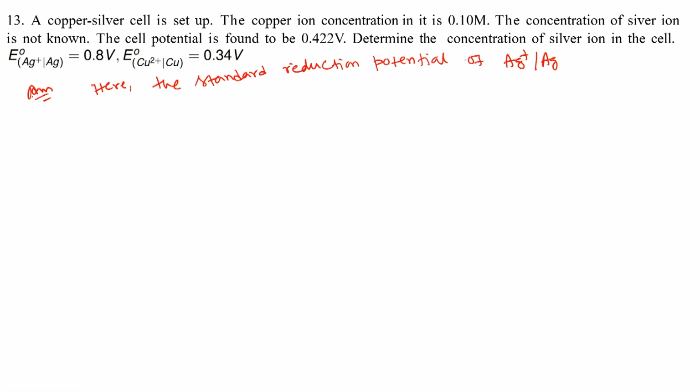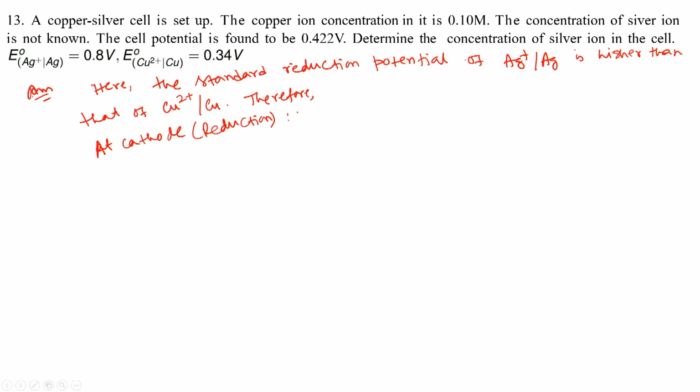Therefore, at the cathode, where reduction takes place, the standard reduction potential of Ag+ is higher than that of Cu2+ to Cu, so Ag+ will be readily reduced.